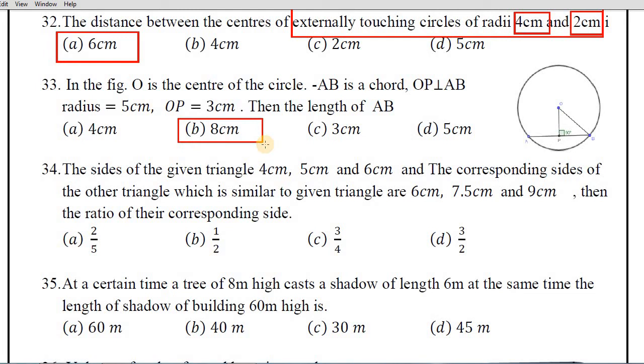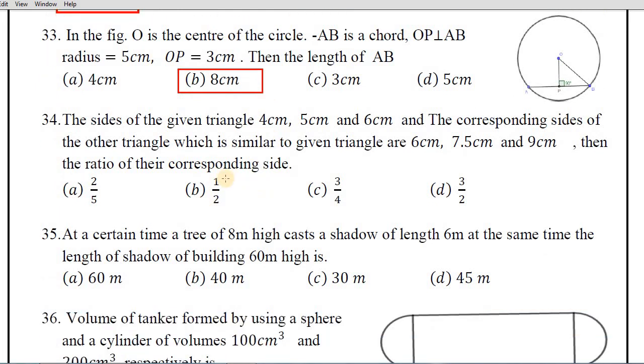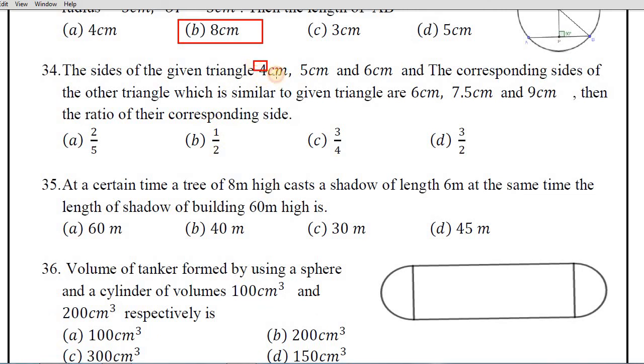Next, let us move on to another question, children. The sides of a given triangle are 4 cm, 5 cm and 6 cm, and the corresponding sides of another triangle which is similar to the given triangle are 6 cm, 7.5 cm and 9 cm. Which triangle will you construct first? First you construct that 4 cm, 5 cm and 6 cm triangle.